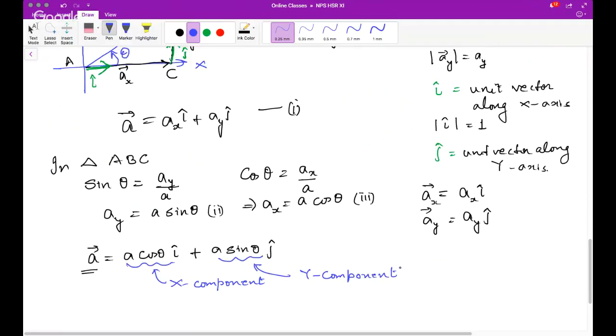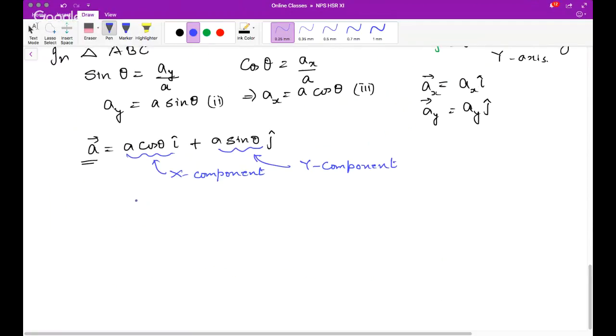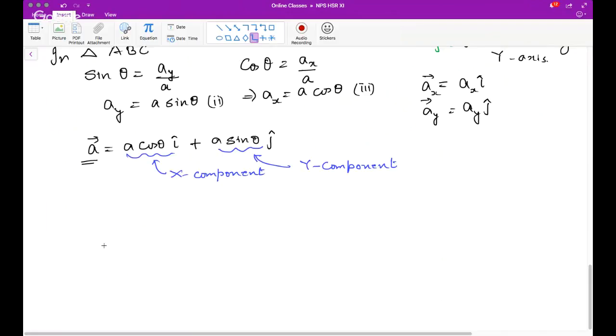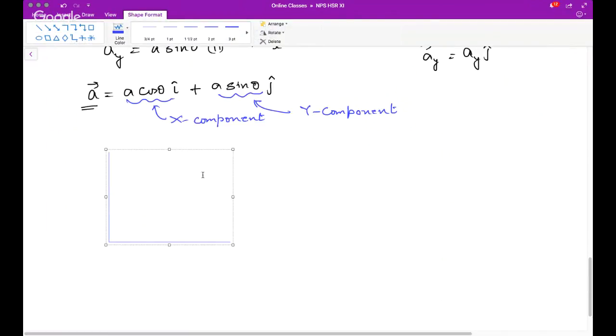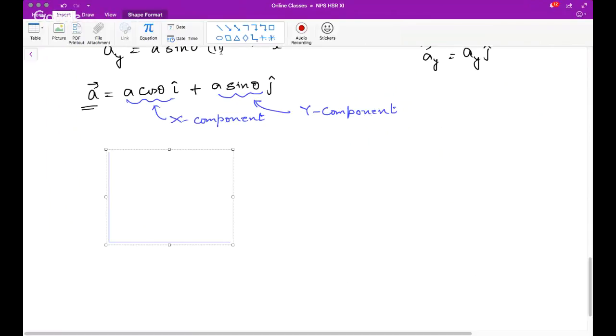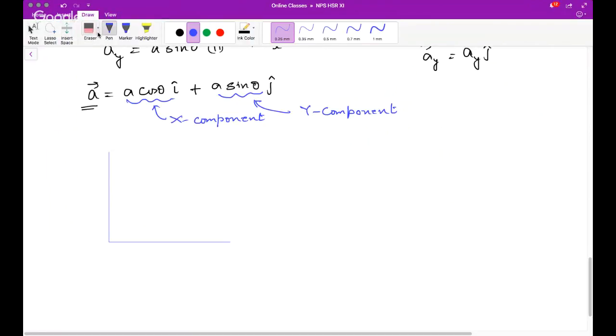Let's take an example and understand. Let me use the coordinate system. So let's say this is my coordinate system, and here this is x, and this is y.